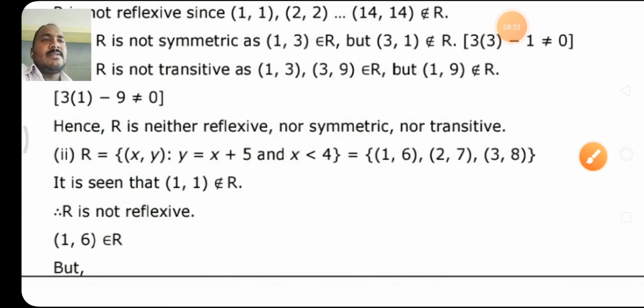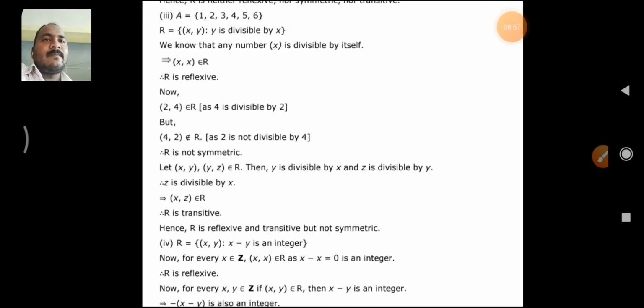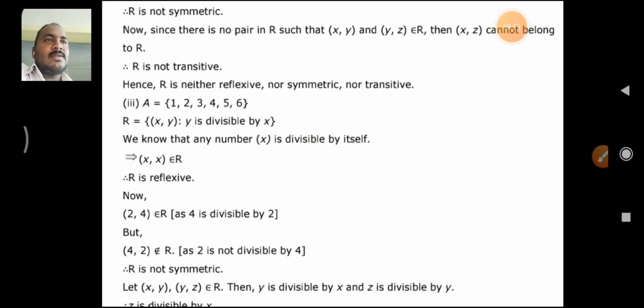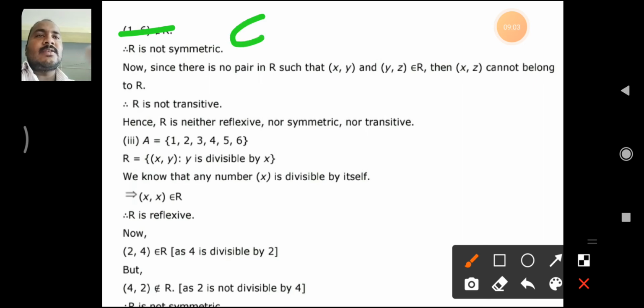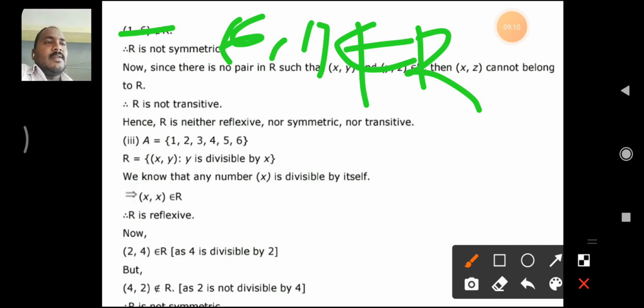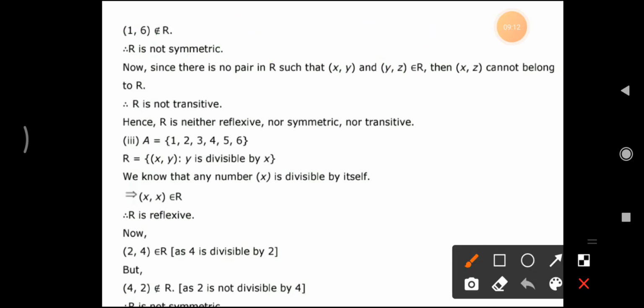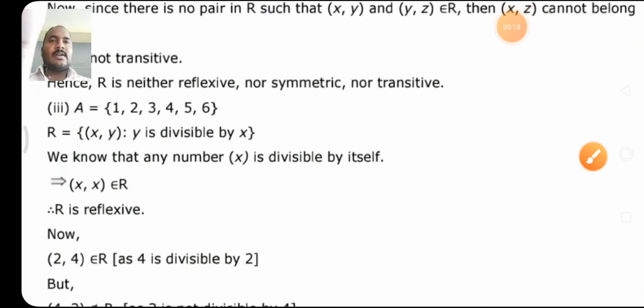A small correction is there. This is not (1,6), this is (6,1). (6,1) does not belong to R. Therefore, R is not symmetric.